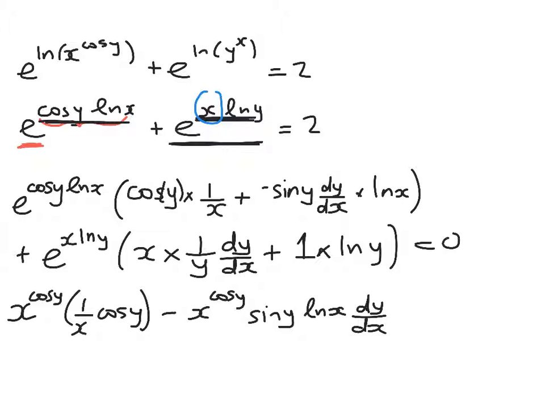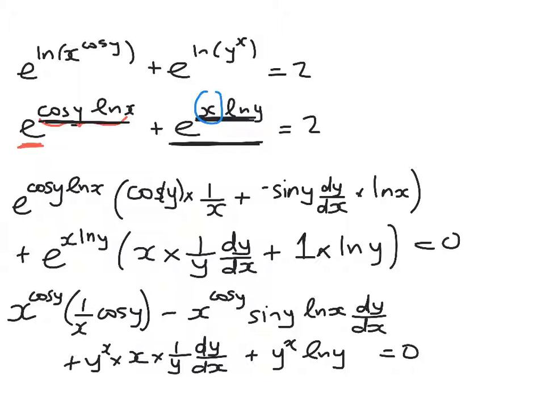Two more terms to go, plus y to the x times 1 over y. Goes on forever, but we are getting somewhere, dy by dx, plus y to the x log y equals 0. Now we've still got a bit of tidying up work to do here.